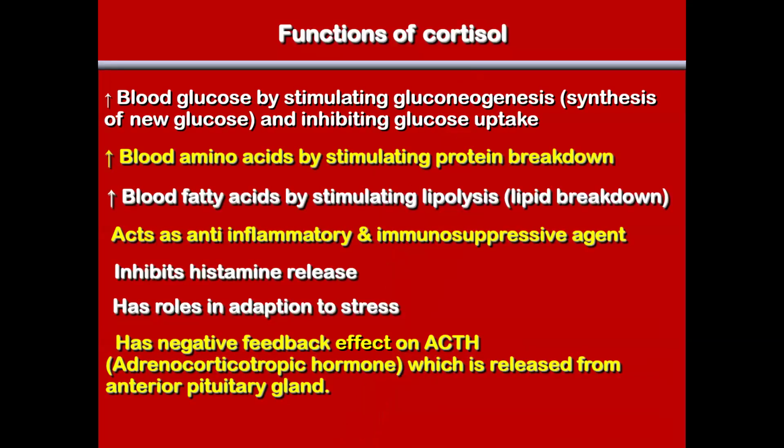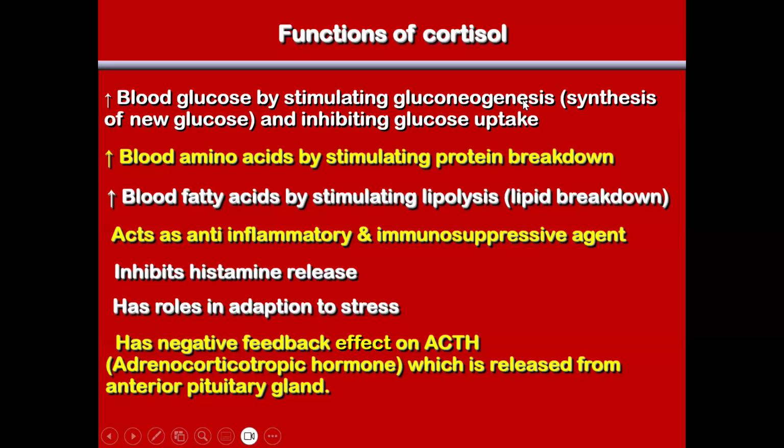So mainly we said that cortisol is involved with regulation of the blood glucose. So what is the effect of cortisol on blood glucose? It will increase the blood glucose level. By which mechanism? By stimulating gluconeogenesis. What is gluconeogenesis? Genesis means synthesis or production, and neo means new.